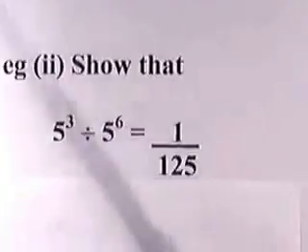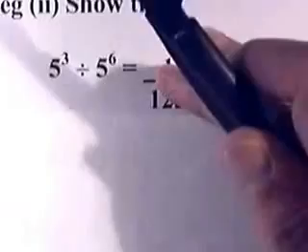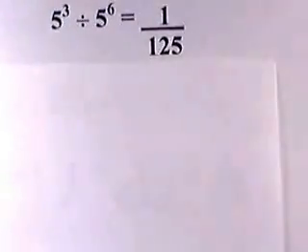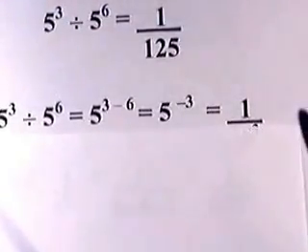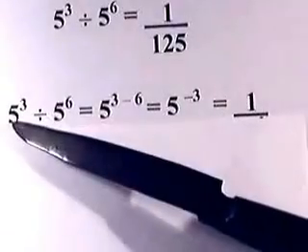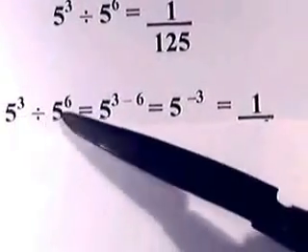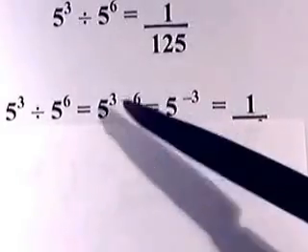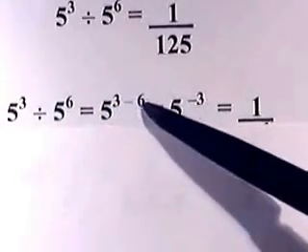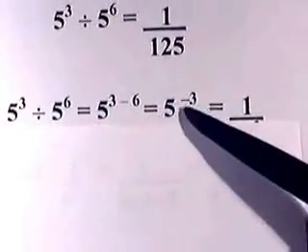Well, all we have to do is to apply the rules in this way. 5 to the power of 3 divided by 5 to the power of 6, the base numbers are the same, so we can just subtract the powers. So we get 3 take away 6, which is 5 to the power of minus 3.